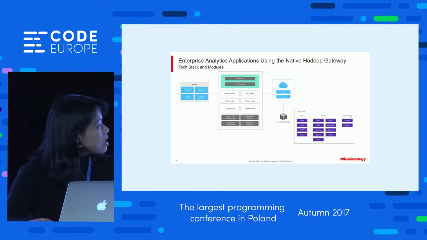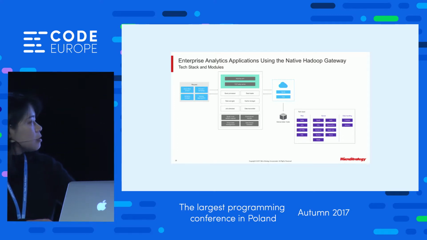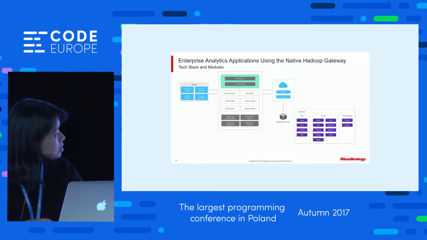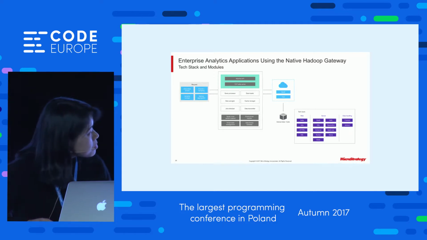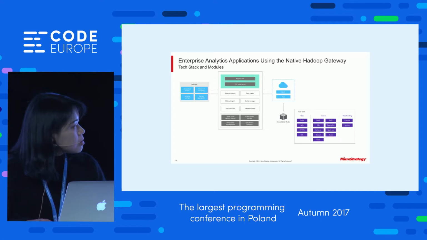Besides that, we also have cache managers, which manage not only the runtime memory but also the Spark cache. There is also the Spark job scheduler, which is designed for concurrency. And the last and most important module is the data transmitter.